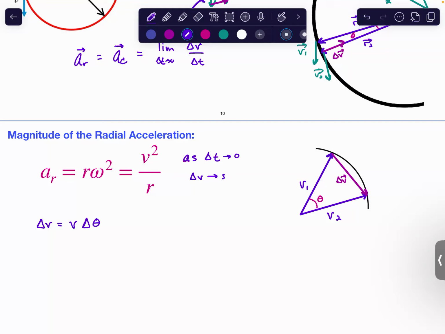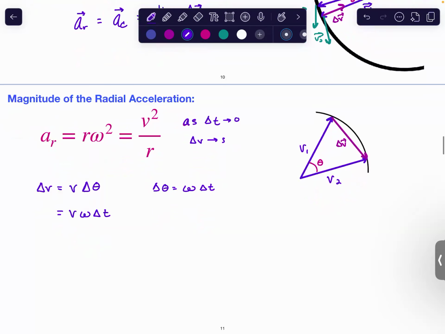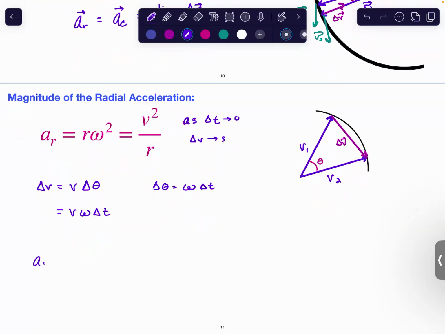Oh, that's another V. But we also know that delta theta is omega delta T. So then we can plug this in to be V omega delta T. So then we remember that centripetal acceleration, delta V over delta T, is going to be V omega delta T over delta T.